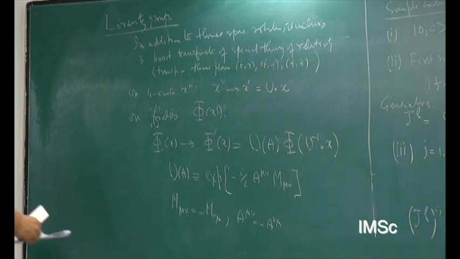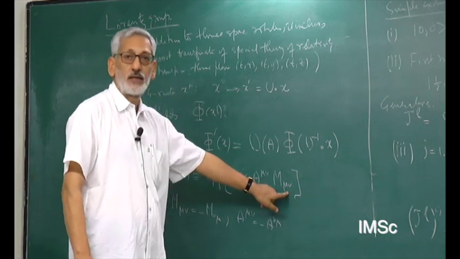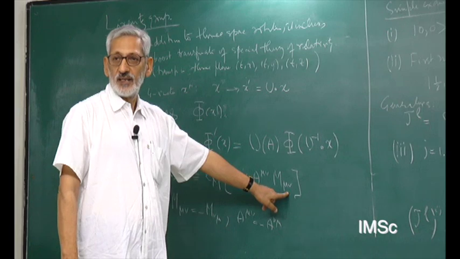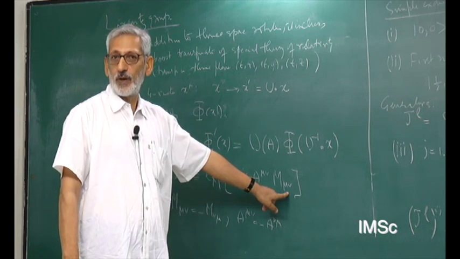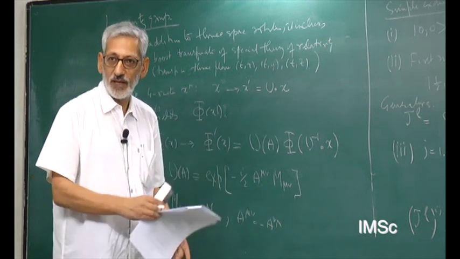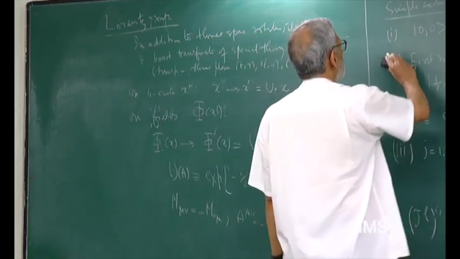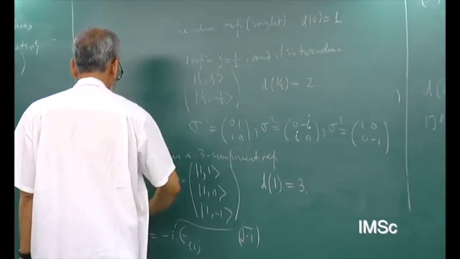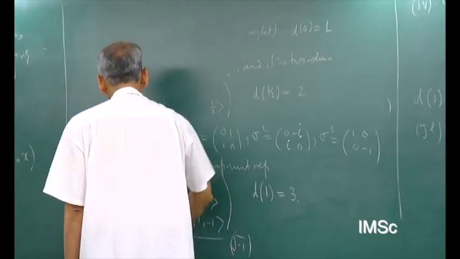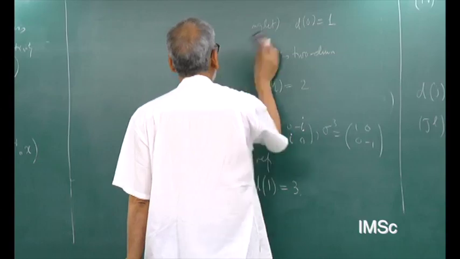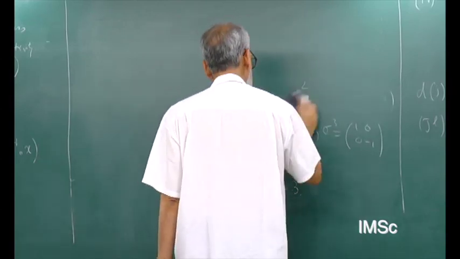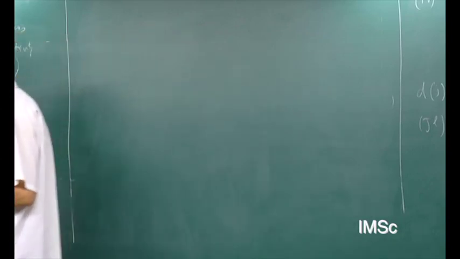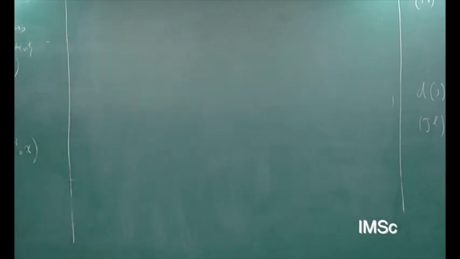In SU2, these generators were Hermitian, but here they need not be Hermitian. In fact, some of them are not, and we'll see how that emerges. So though I wrote U here, U is not necessarily unitary. Now, what is the algebra?